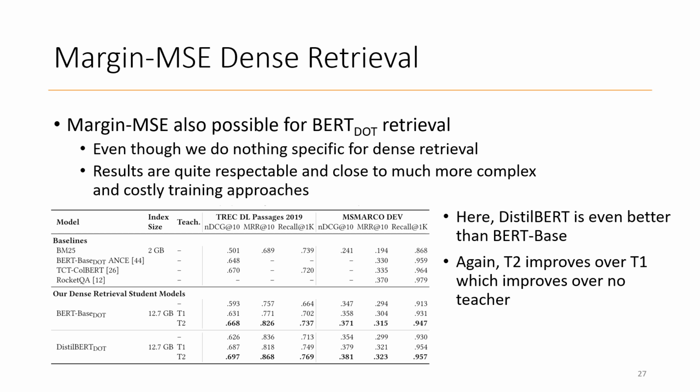And I would say the results are quite respectable and close to much more complex and costly training approaches. And we found that DistilBERT is even better than BERT-based in this case, although the differences are small. And again, the teacher ensemble produces better models than a single teacher.